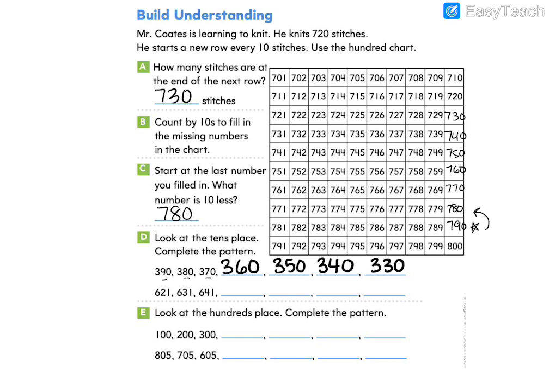Now let's look at the next one. 621, 631, 641. Okay, so our tens place is increasing by 1. 651, 661, 671, and 681.